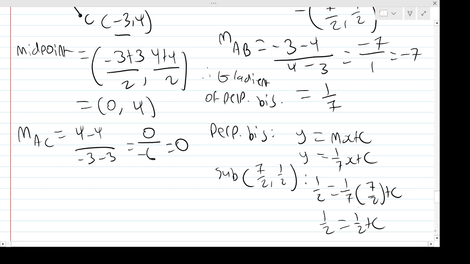Okay, if it's 0, it's a completely flat line. It's not going up at all. There's no steepness to it. Therefore, the bisector, if it's perpendicular, is going to be vertical, isn't it? So that means we would have to bear in mind it's a vertical line then, essentially.